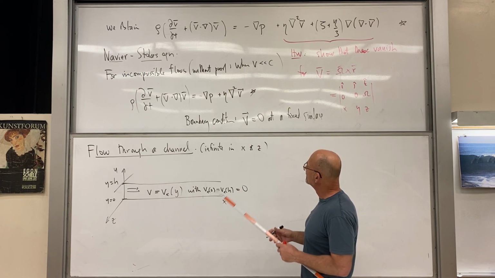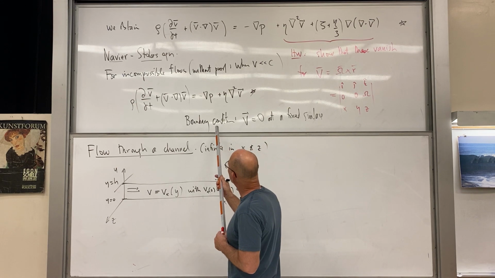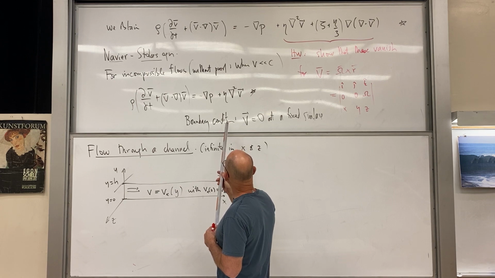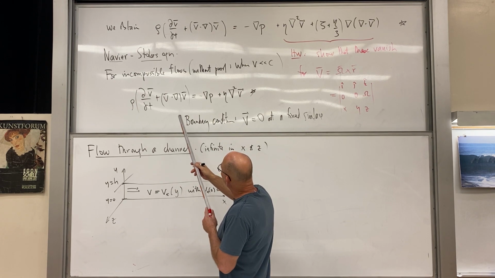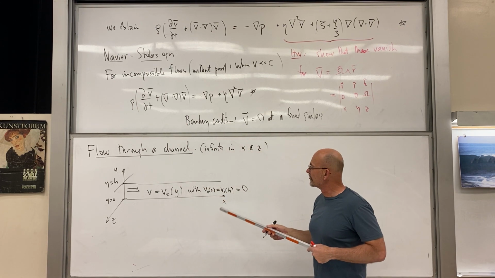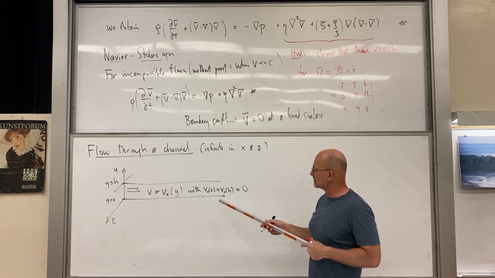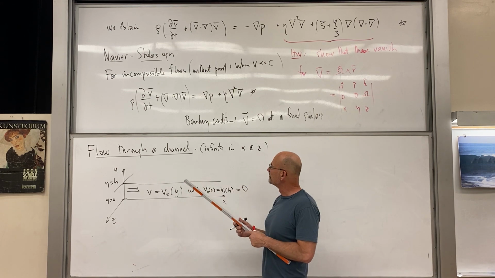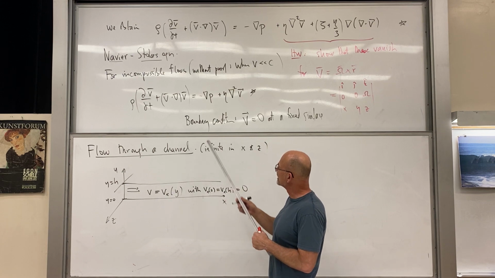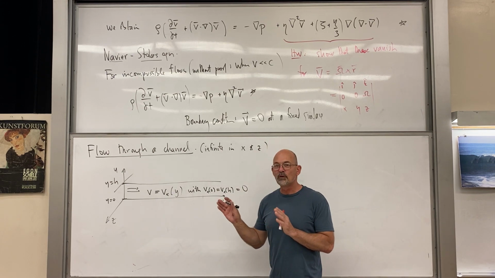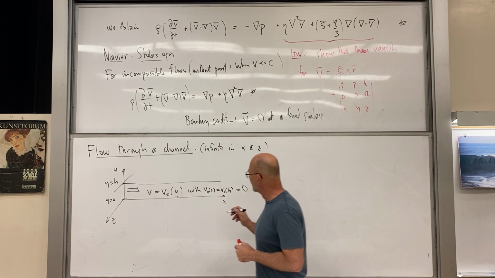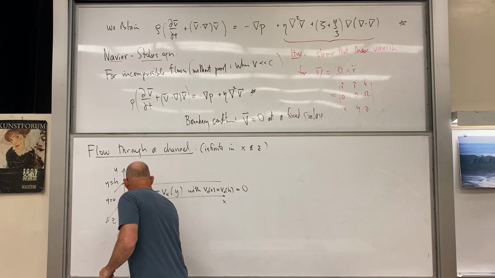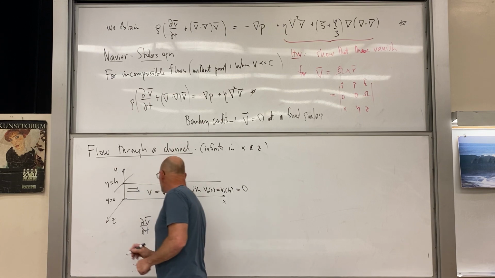Now we can set up this differential equation, and a lot of things are going to vanish. In fact, the entire left side is going to vanish once we agree that this is reasonable. First of all, we're looking for a flow that's uniform in time, so dv dt is equal to 0.